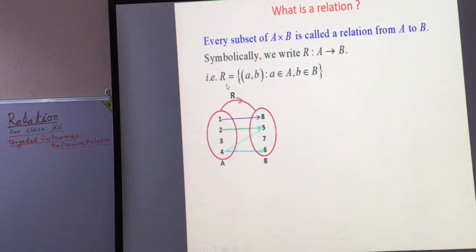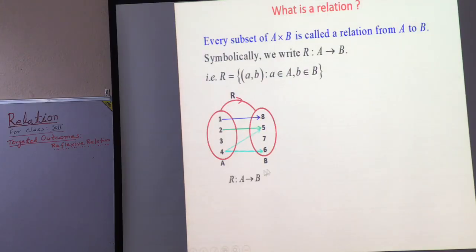Observe this figure. In this figure, A and B are sets and a relation is defined from set A to B under which 1 is related with 8, 2 is related with 5, 4 is related with 5, 4 is also related with 6.